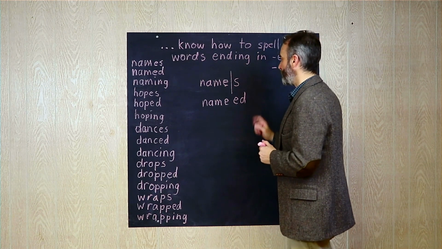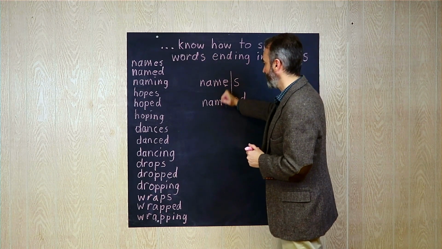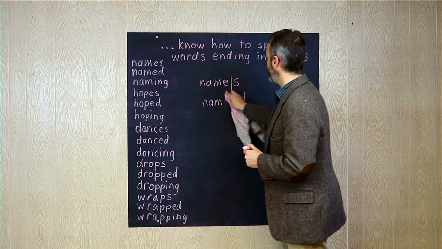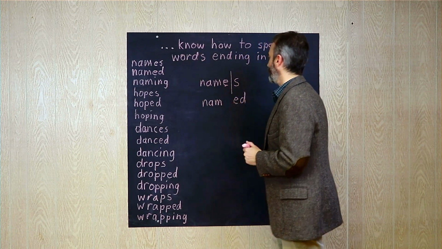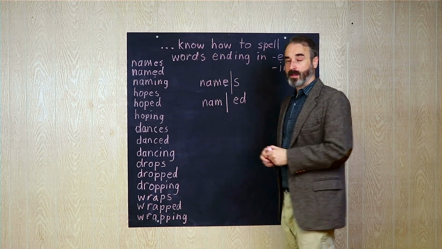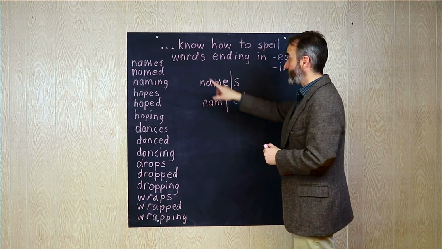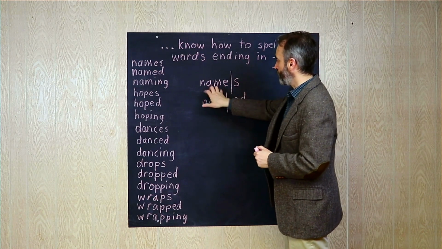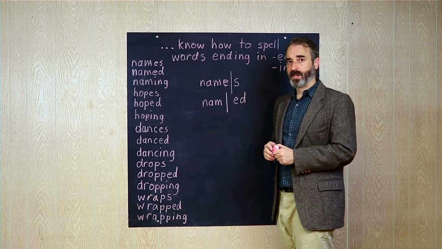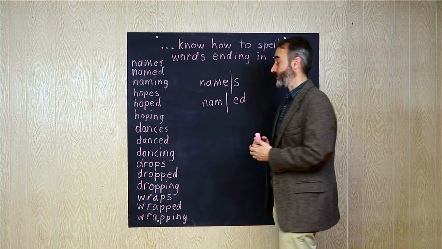So what we do is we get rid of that e. And we draw a line there, because for this exercise we're going to be drawing lines between the original word and the ending. So named is how we write, I named my dog yesterday.